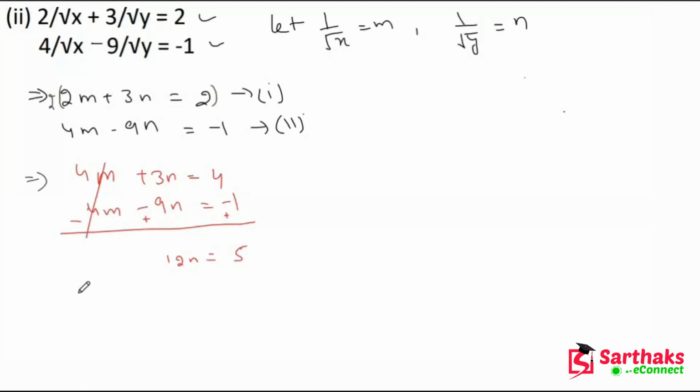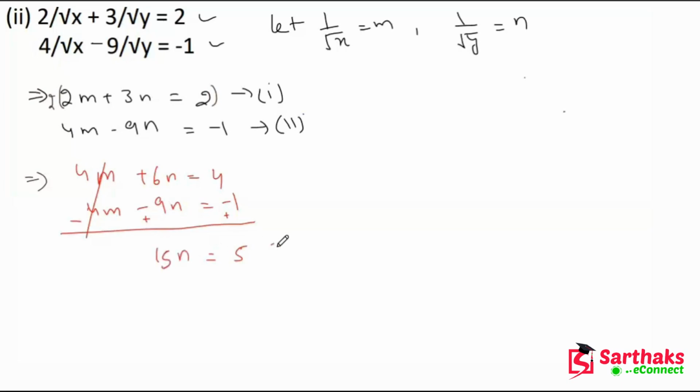Okay, I hope you get this point. Now friends, here is a 6. We have to correct it, and here we get 15n.